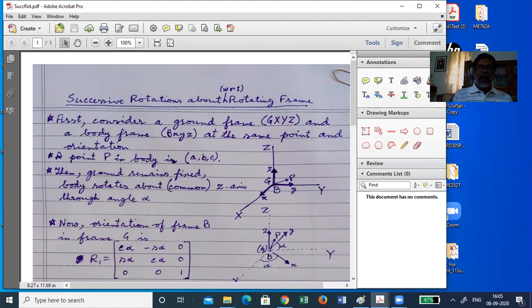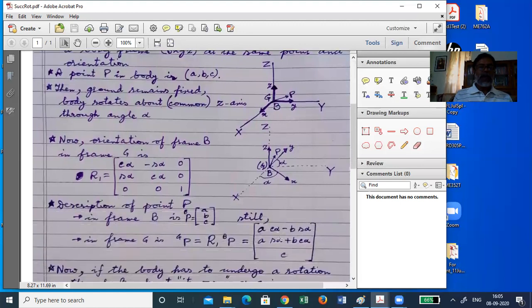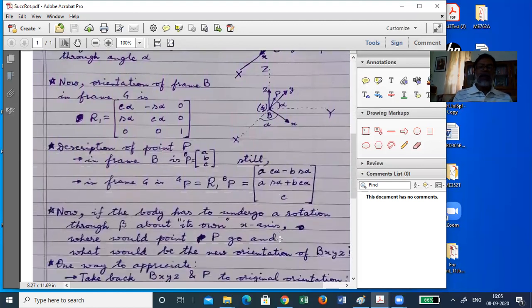So this much has turned. This is alpha, and here this is alpha. So x has turned by alpha, y also has turned by alpha. The description of the point P in the local frame, the small xyz frame, remains the same, a, b, c, because the point and the body have turned together.